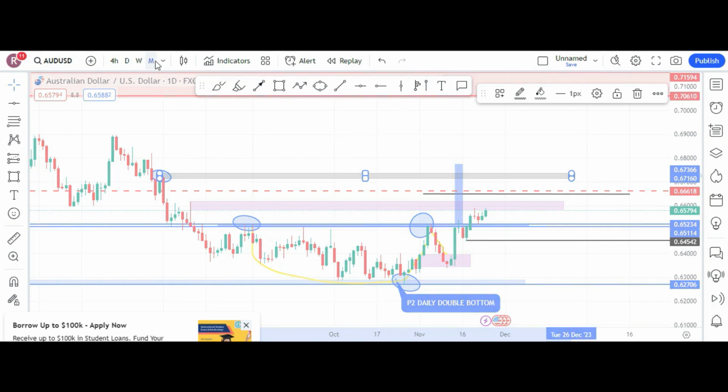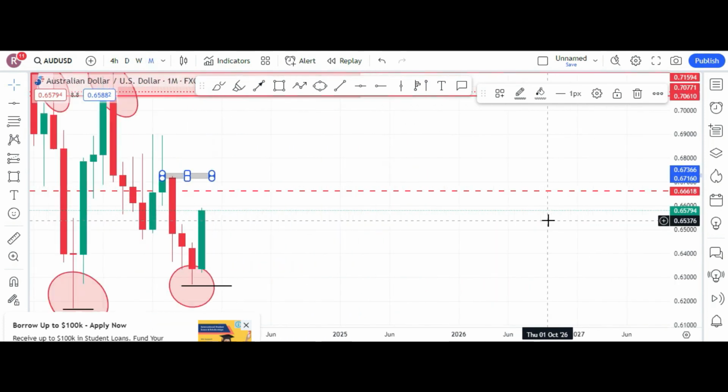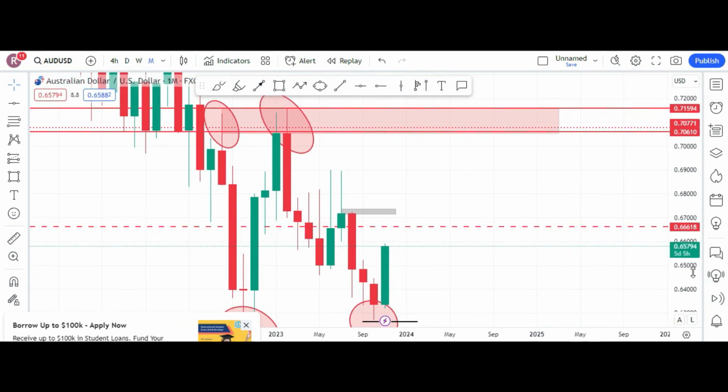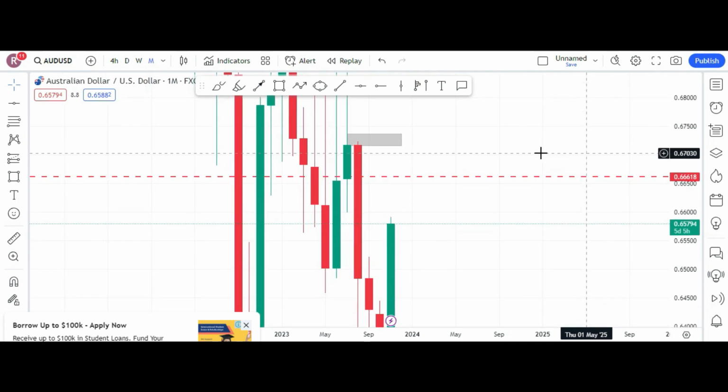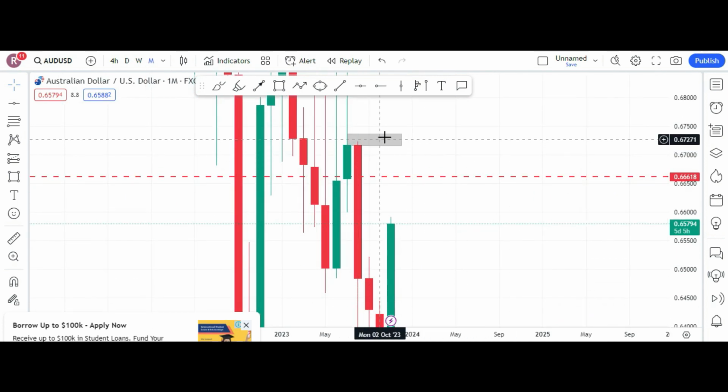If we go to month, do we have anything? Yes, guys, watch out for this. Not only is this going to open a daily double top, it will open the door for a monthly double top also. Red, green, red, and if it comes here, we will see some price reaction.